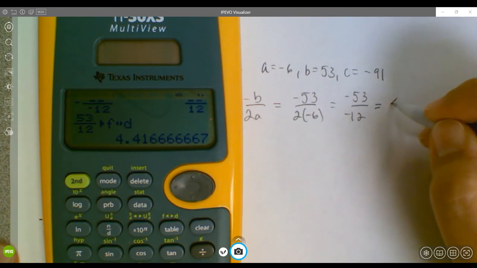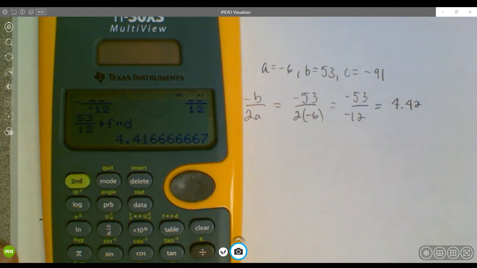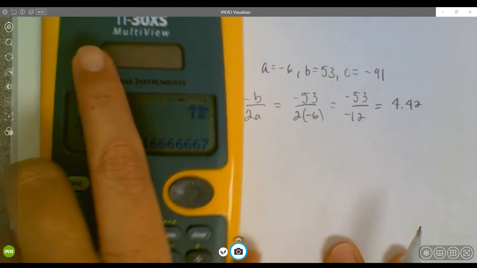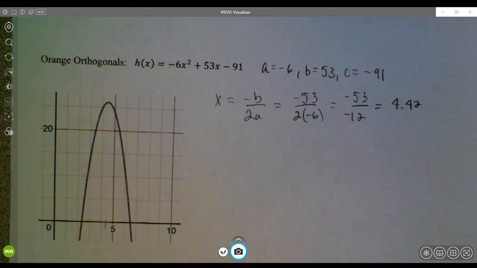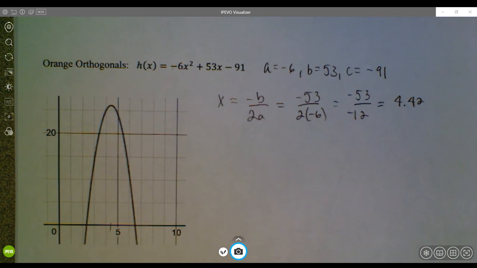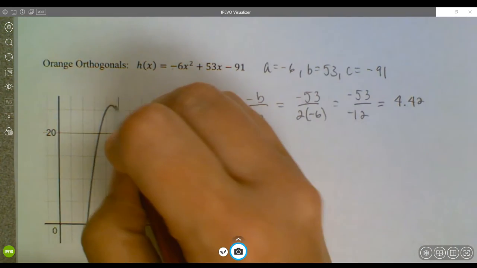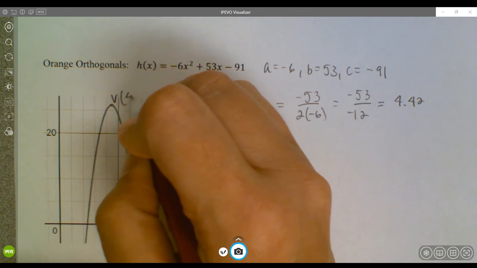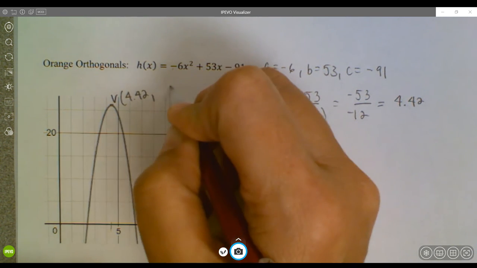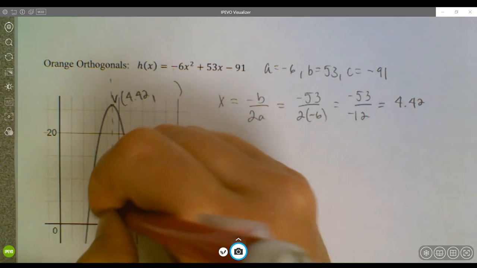I'm going to make this decimal 4.42 because the 6 tells the 1 to round up. It's sad that I have to remind you of that, but sometimes our brains stop working after a while and we need to be reminded. So there we are. My x coordinate is 4.42. My axis of symmetry is x equals 4.42.